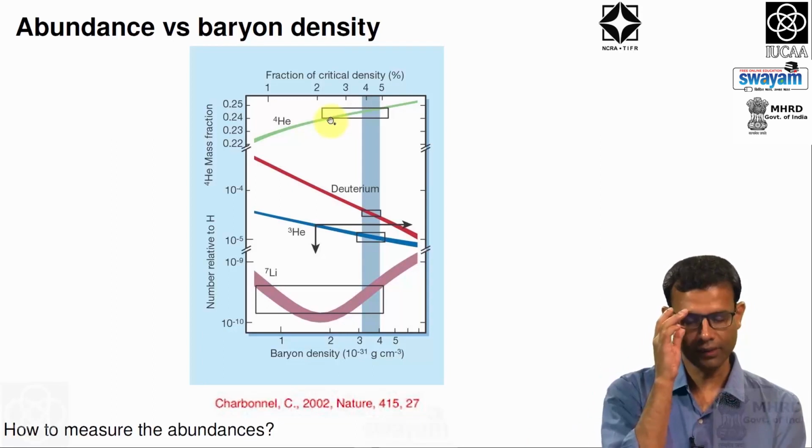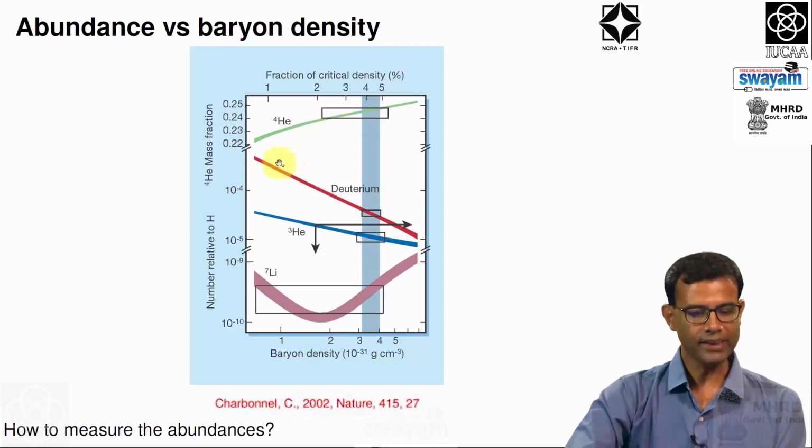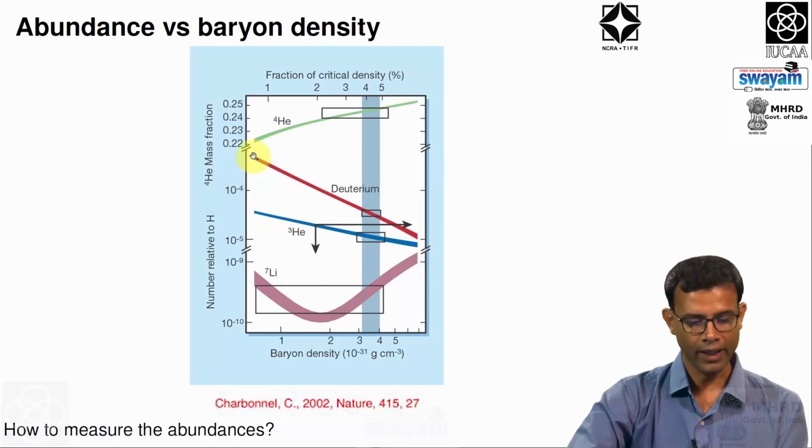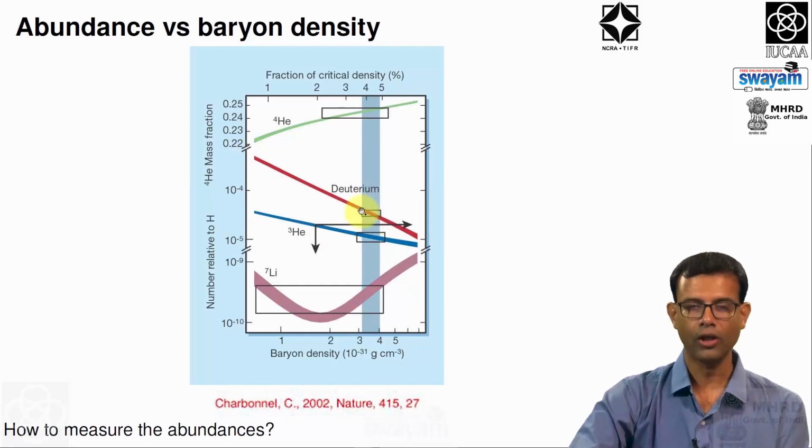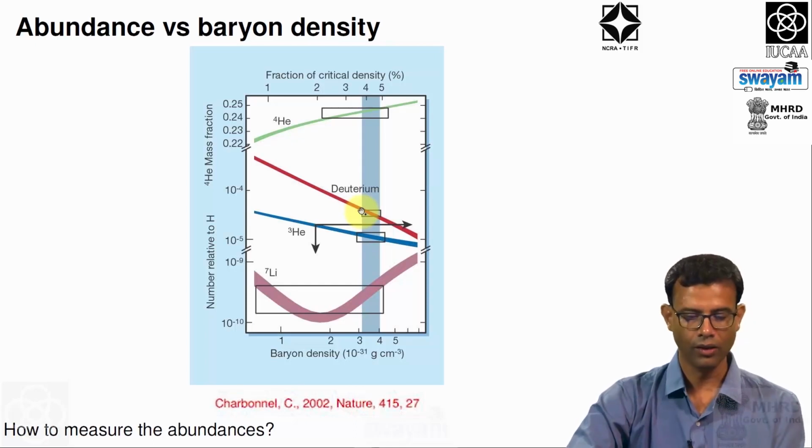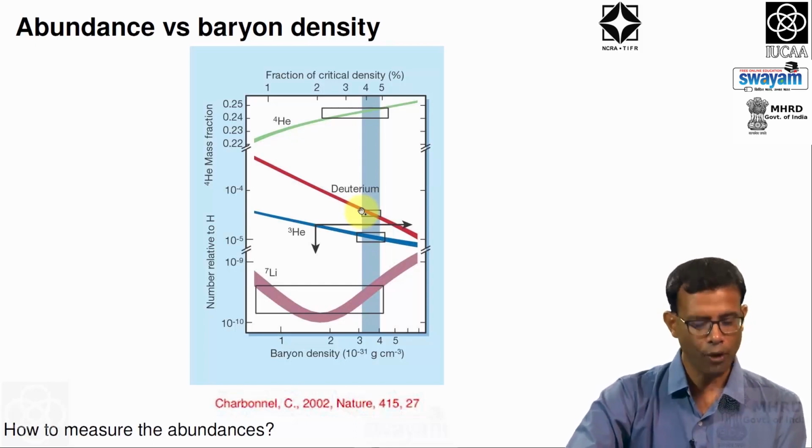What about the others? For example, let us take deuterium. Deuterium has a property that its abundance, the number relative to hydrogen, which is what is plotted here, actually decreases rapidly with increasing baryon density. Now, again it is possible to measure deuterium, for example, using something called intergalactic medium probes.